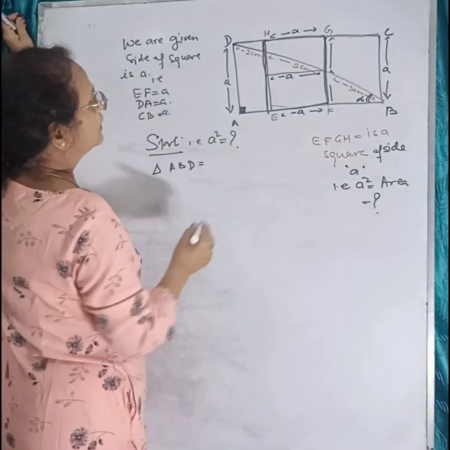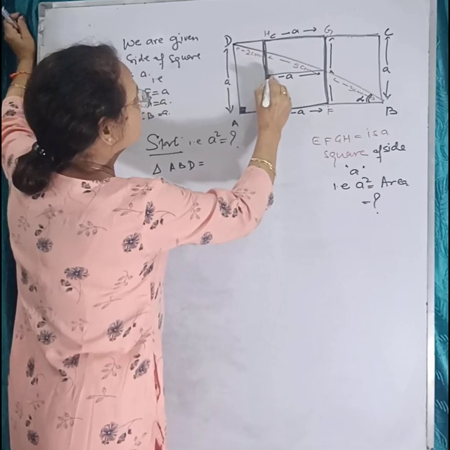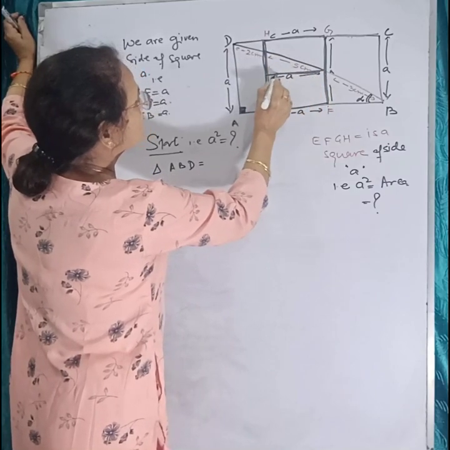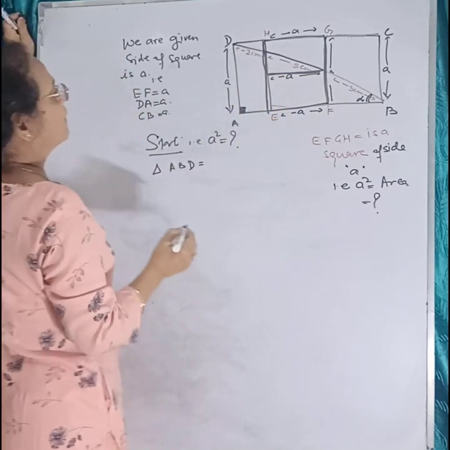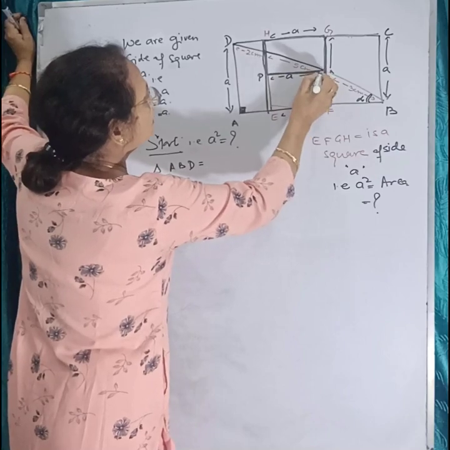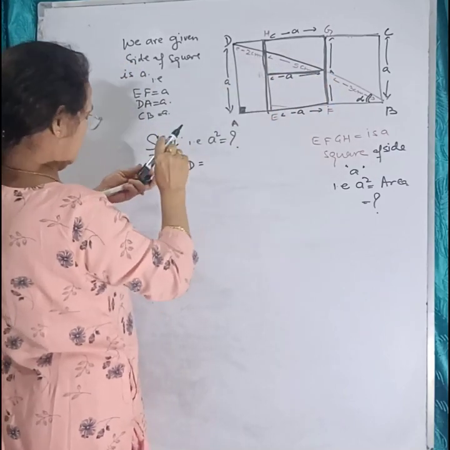Okay. Let us suppose the name of this triangle, this. Let us suppose this P. रेड से लिख देते हैं, दिखाई देगा.